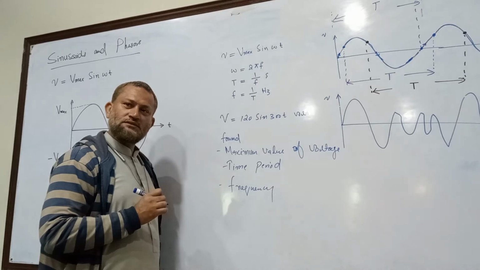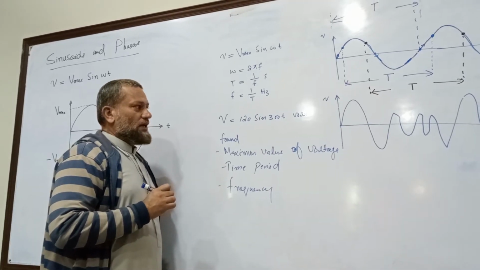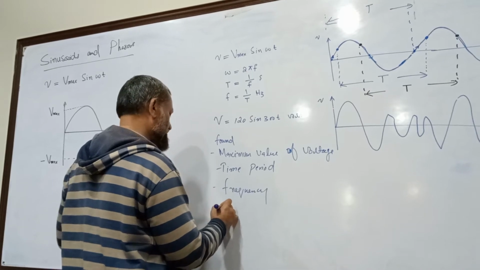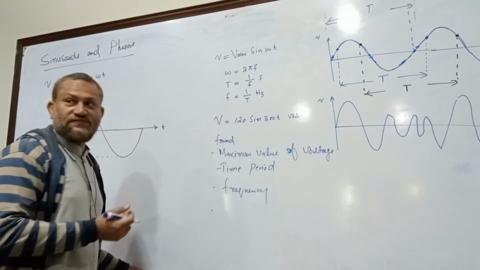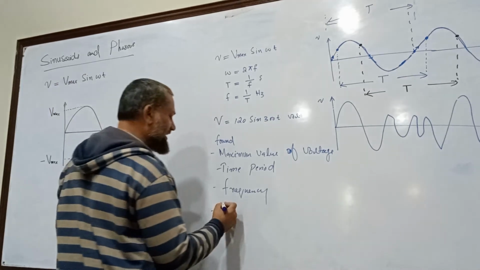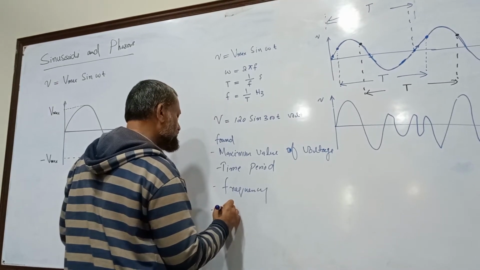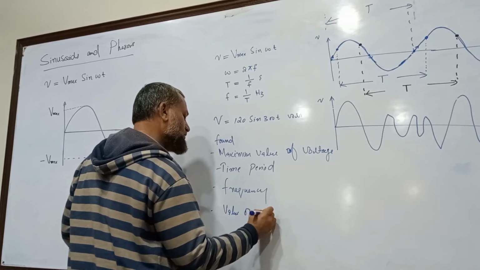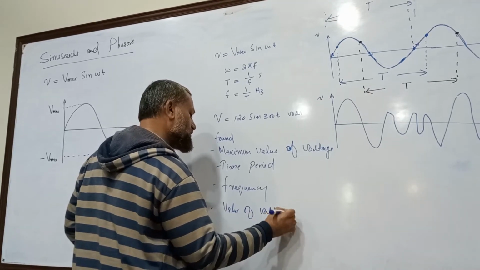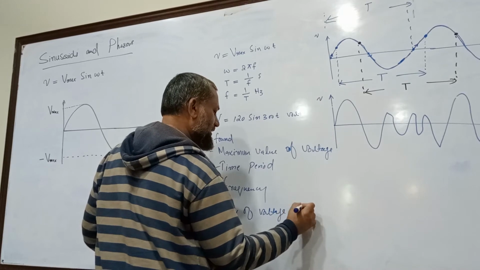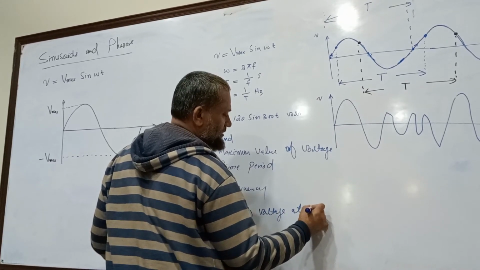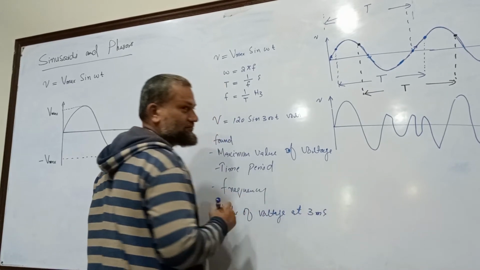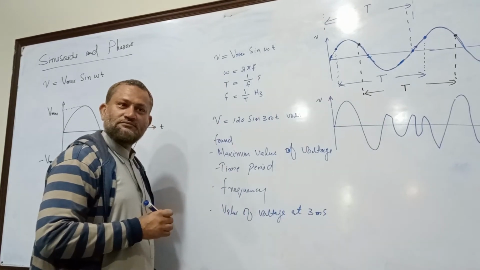Understand my point? And for example, the instantaneous value of voltage at, for example, 3 milliseconds. Understand?